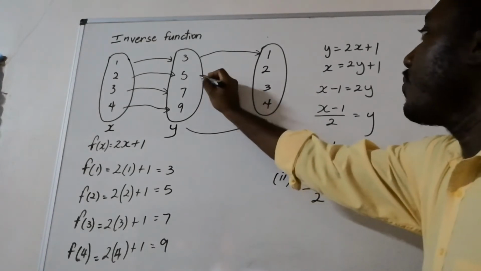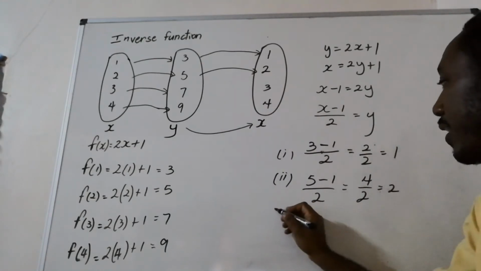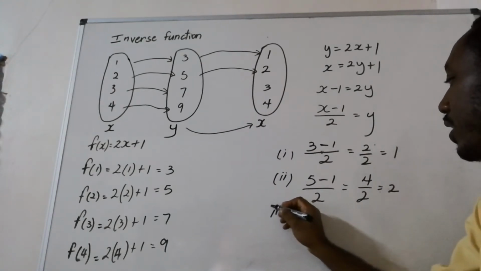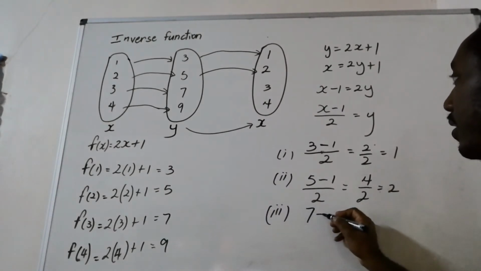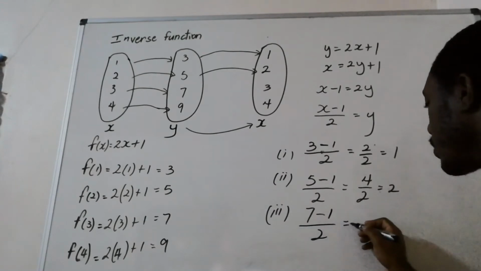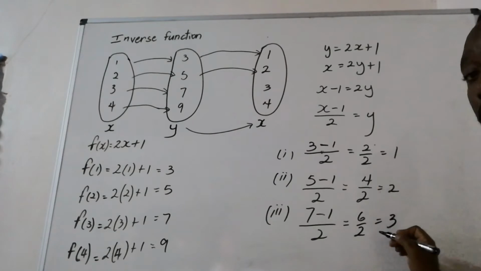So 5 gives us 2. Next, let's try 7. So we'll have 7 take 1 over 2, which is equal to 6 over 2, which is equal to 3. All right?